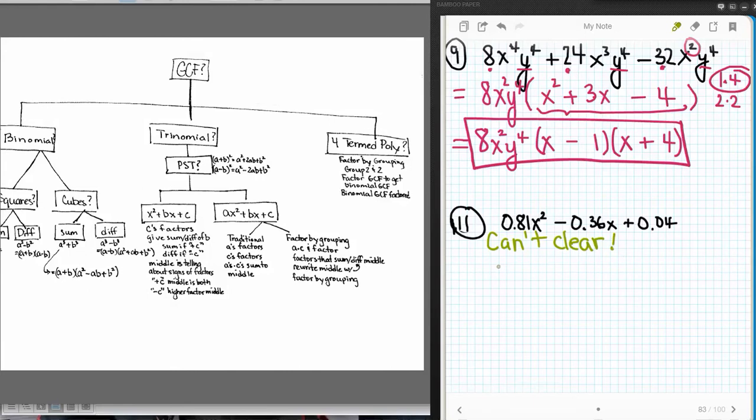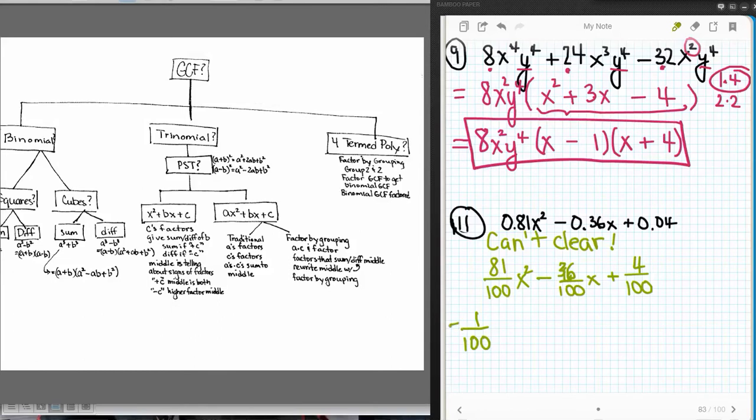Now that doesn't mean that you couldn't say that this represents 81 100ths, and that's x squared, and that this represents 36 100ths, and that's x, and this represents 4 100ths, and then notice that they all have 100 in common and factor out a 1/100th as a GCF.